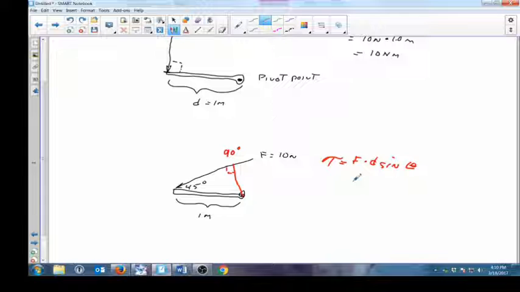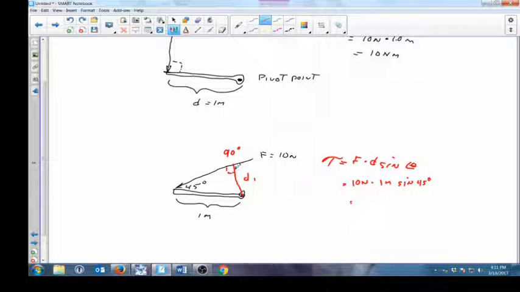Now our force is still 10. Our distance, we said, is 1 meter. But we have an angle. So we're going to have to include in this formula the sine of 45 degrees. You can see now this is going to be our new distance. We'll call it distance prime if you'd like, just to show it's a little bit different.